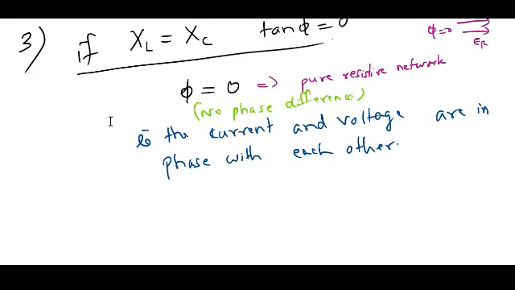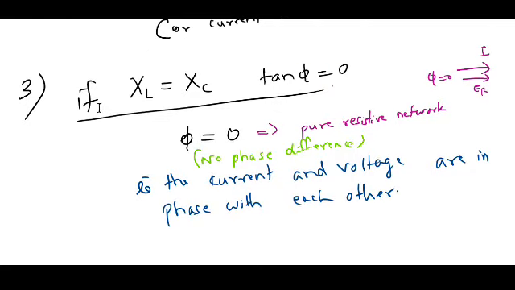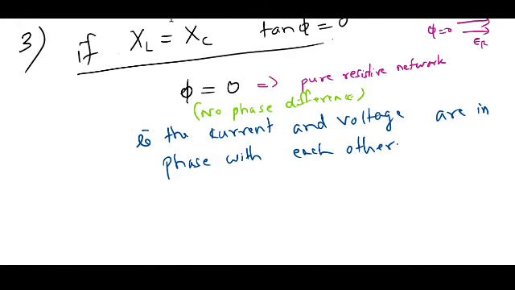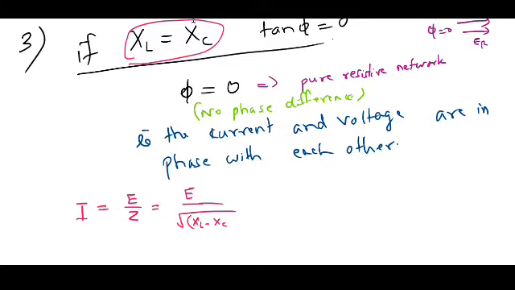Let us check what the value of the current in the LCR circuit is if this third condition, XL equal to XC, is satisfied. The current in the LCR circuit is defined by E by Z. Z is the impedance, that is the square root of XL minus XC whole square plus R square.